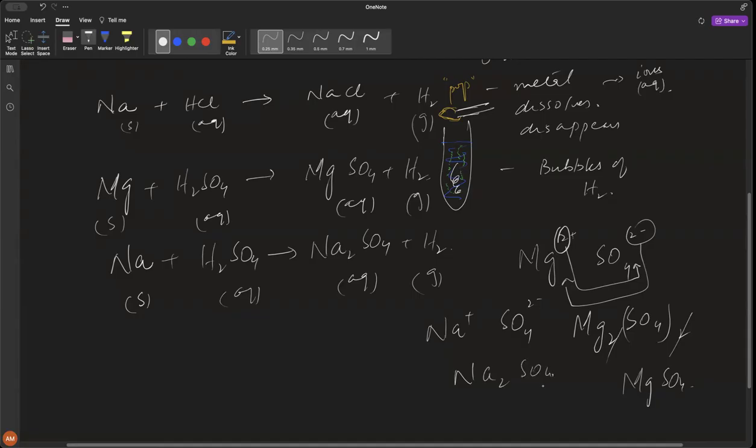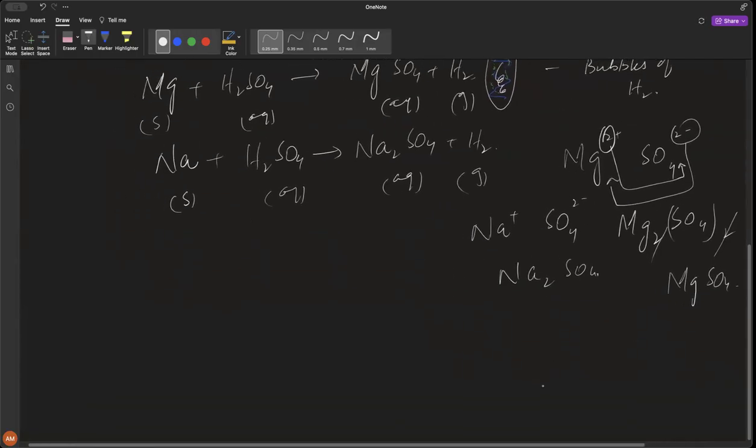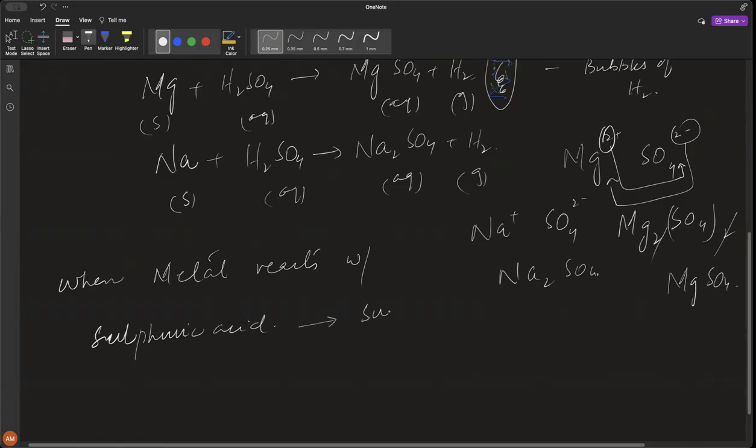Something very important for you to understand, that is going to help you a lot when you're doing acids and bases, is that when metal reacts with sulfuric acid, you get sulfates, like magnesium sulfate over here.